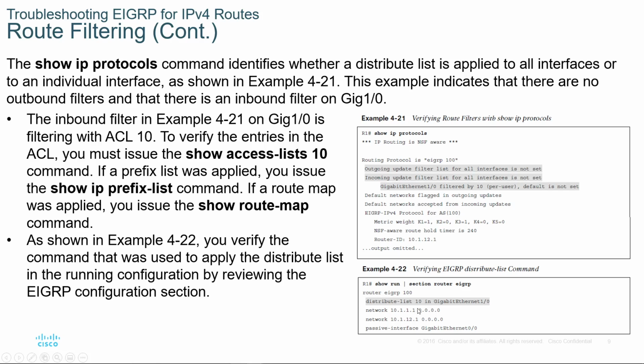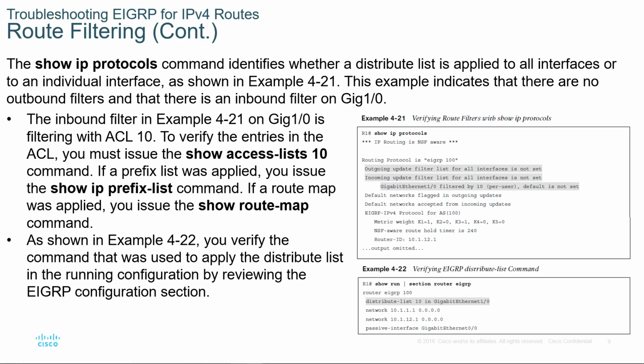Okay, so we can look and we can find a distribution list 10 being applied in the running config under the router EIGRP configuration settings.